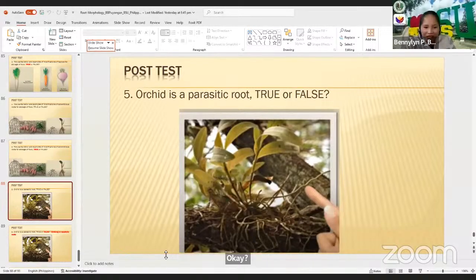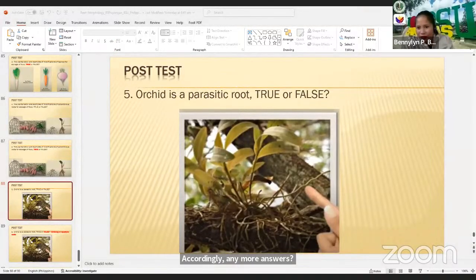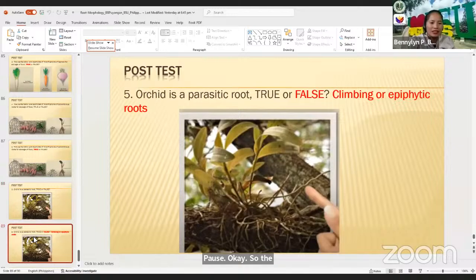Any more answers? True, false. Okay, so the correct answer is false. Why? Orchids are not parasitic roots, but they are either climbing or epiphytic roots.